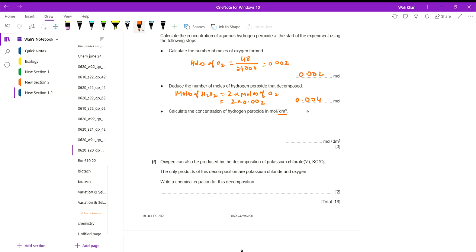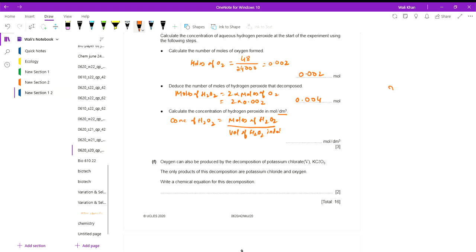Calculate the concentration of hydrogen peroxide in mole per dm cube. So write down the formula of concentration. Concentration of H2O2 is equal to mole of H2O2 divided by volume of H2O2 in dm cube. cm cube में दी हुई है, हमने उसको dm cube में चेंज करना है.